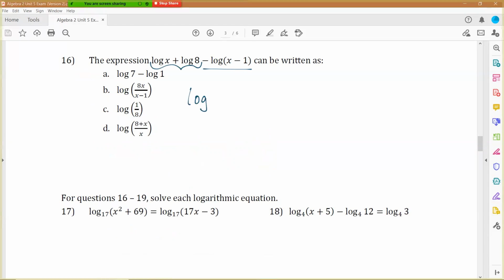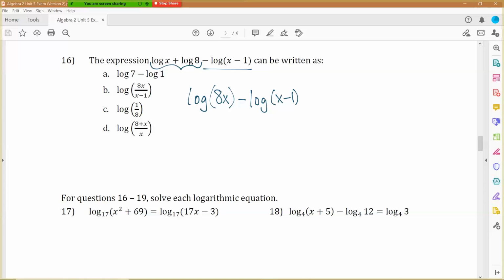So when I condense the first 2, there's no power properties that need to be followed. So no numbers sitting in front of the log. So I can just go ahead and combine those 2. 8 times x gives me 8x. I haven't done anything with the minus log of x minus 1, so I'm just bringing it down.